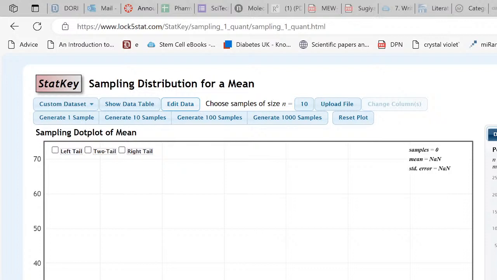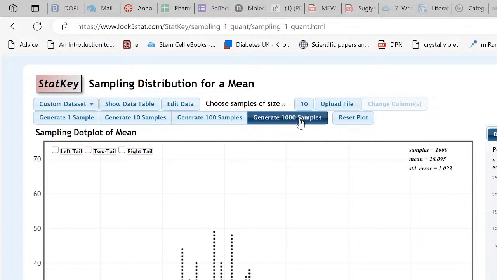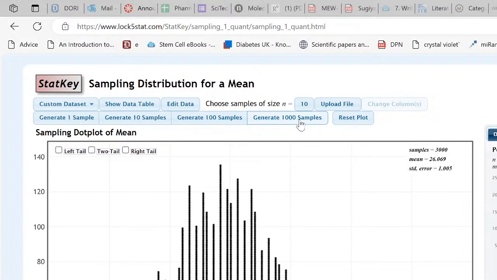Okay, let's clear it. Let's do 25. And again, a little skewness there. There's a tail there, can't deny that.